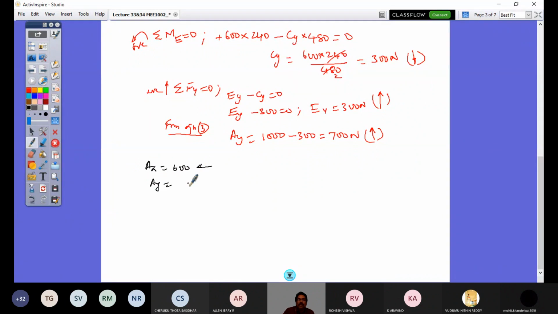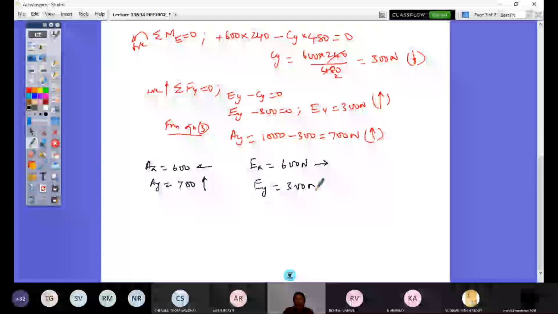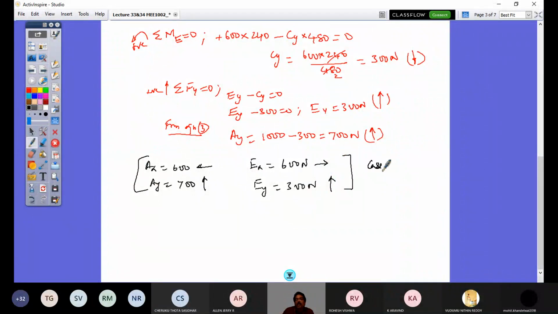Ay you have now found out 700 Newton upward, and Ex, you got 600 Newton to the right, and Ey you just have got 300 Newton upward. So this is your answer for case 1. Case 1, if 1000 Newton at point B is acting.